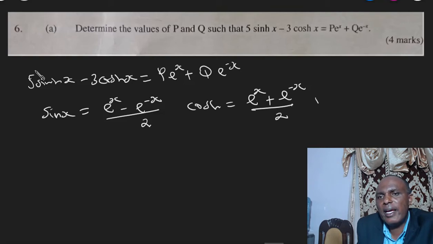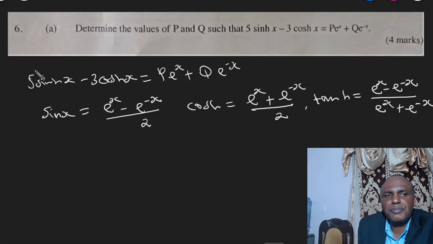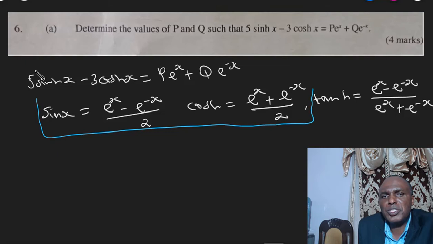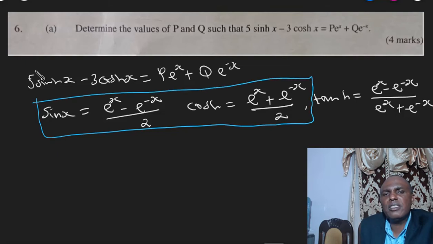And tanh x is equal to e to power x minus e to power negative x over e to power x plus e to power negative x. So let us use these expressions of sinh x and cosh x to find the values of p and q.